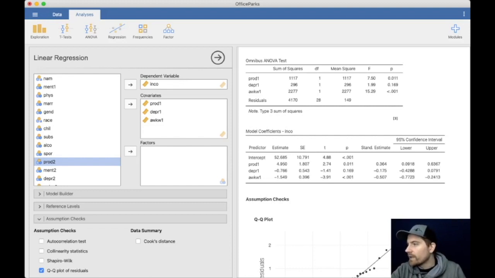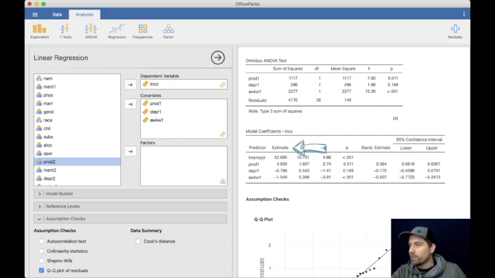Here, productivity has a relationship of 0.36, depression negative 0.17, and then awkwardness negative 0.5. In other words, awkwardness is the strongest predictor of the outcome. Next is productivity, and last is depression.